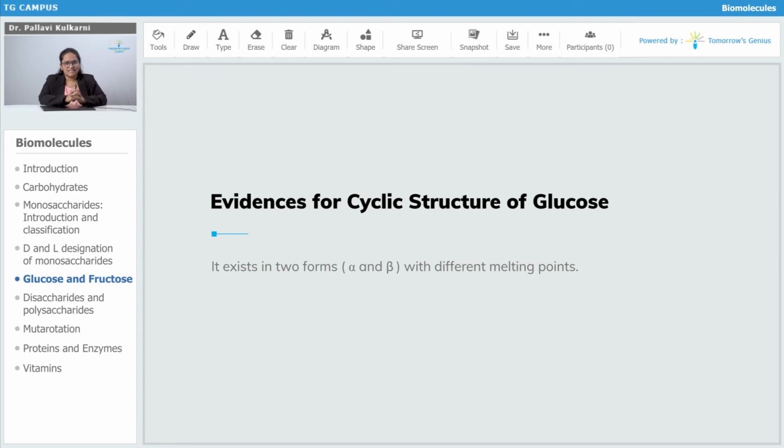After all these evidences which prove the cyclic structure of glucose, let us see what the two different cyclic structures of glucose are. Glucose can exist in two cyclic forms, that are alpha and beta forms. Let us see the structures of alpha as well as beta form in detail.